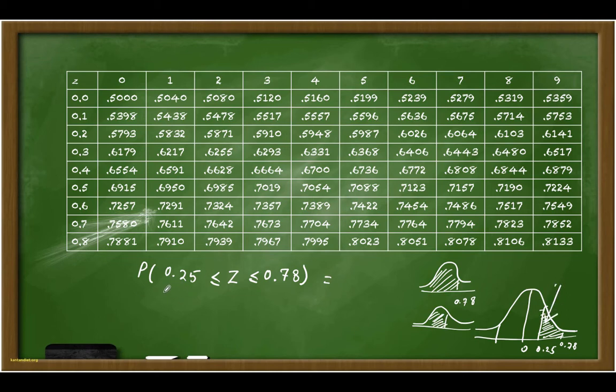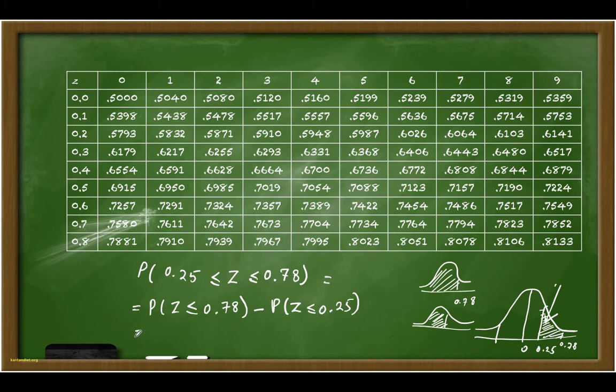So in other words, we can say the probability that z lies between 0.25 and 0.78 is the same as the probability that z is less than or equal to 0.78 minus the probability that z is less than or equal to 0.25.